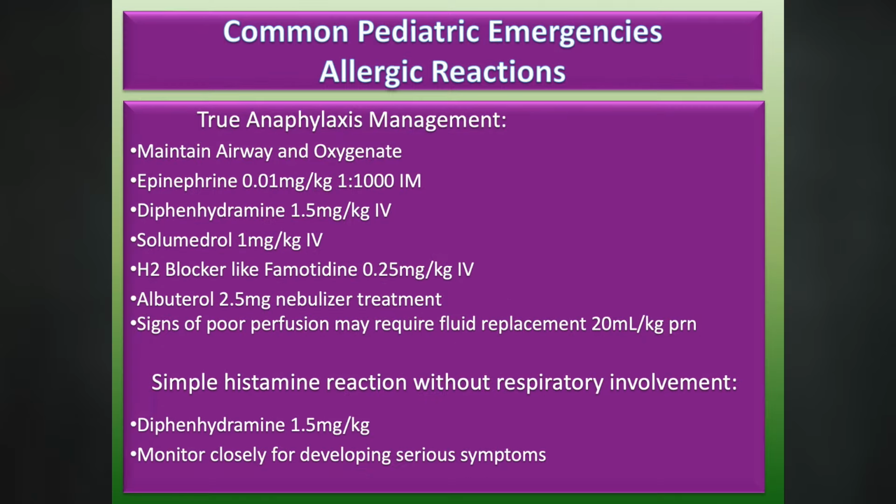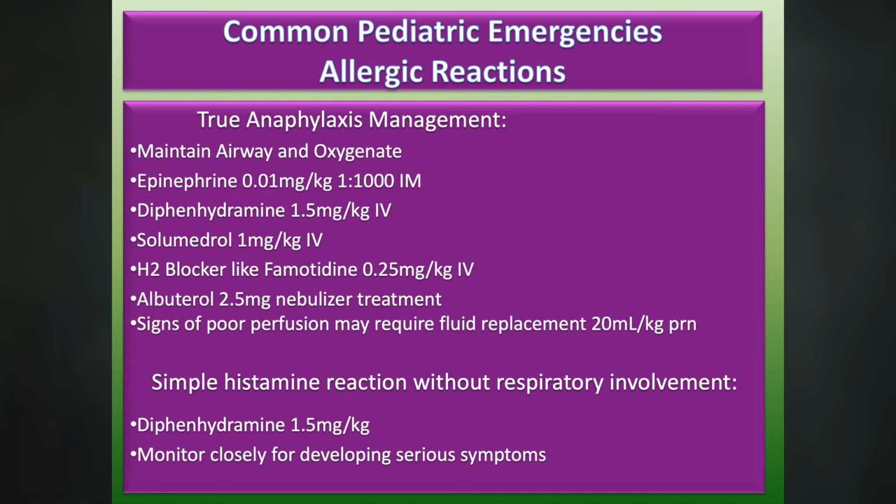So when we look at managing true anaphylaxis, what we say is maintain their airway and give them high flow oxygen, give them epinephrine IM at 0.01 milligrams per kilogram. Again, dosed based on a pre-calculated system. Be familiar with your system and familiar with the IM dosing, because we don't use that as often based on our resuscitation systems.